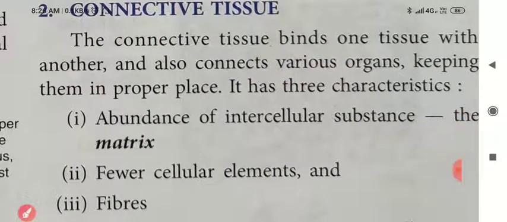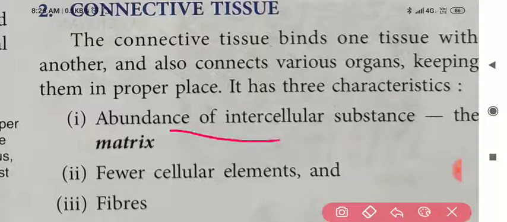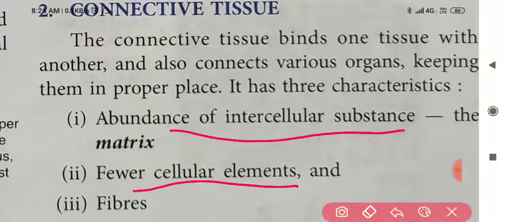First, abundance of intercellular substance, the matrix. Second, few cellular elements. Third, fibers are present. Clear? These are the three main characteristics.